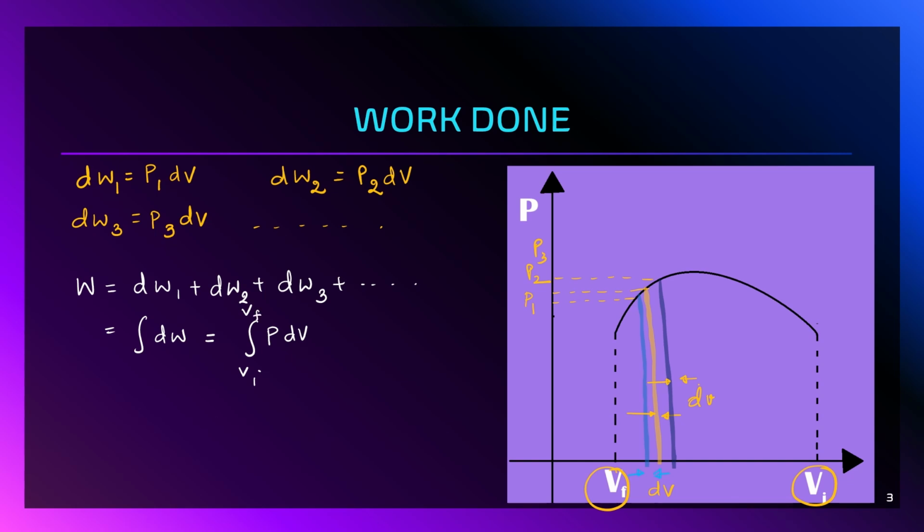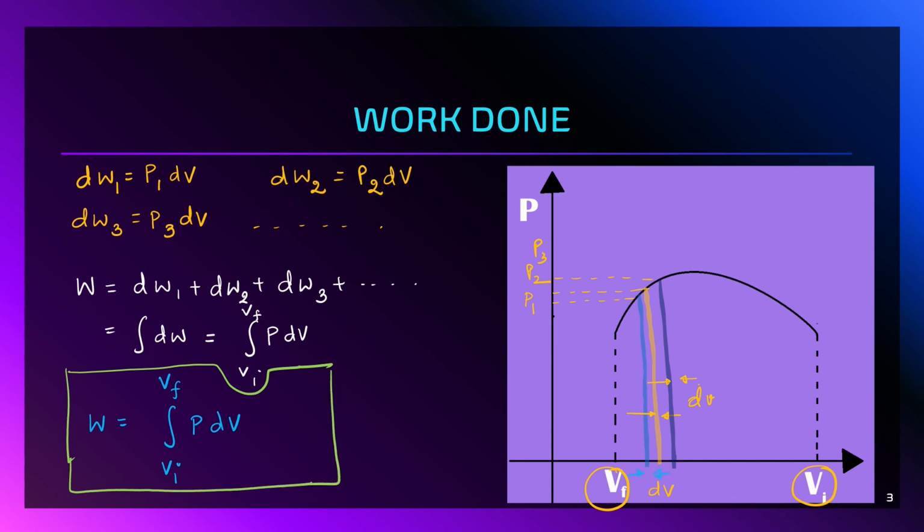The final expression for work done is the integral of P dV from initial volume to final volume. Here also you are going to get the same: for compression you are going to get negative work, for expansion you are going to get positive work.